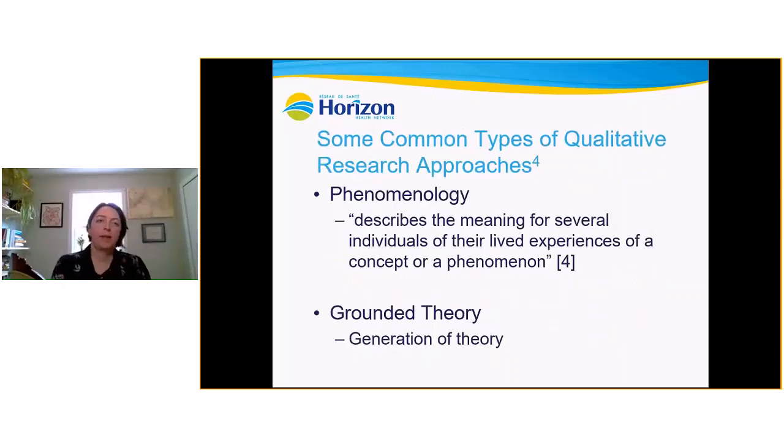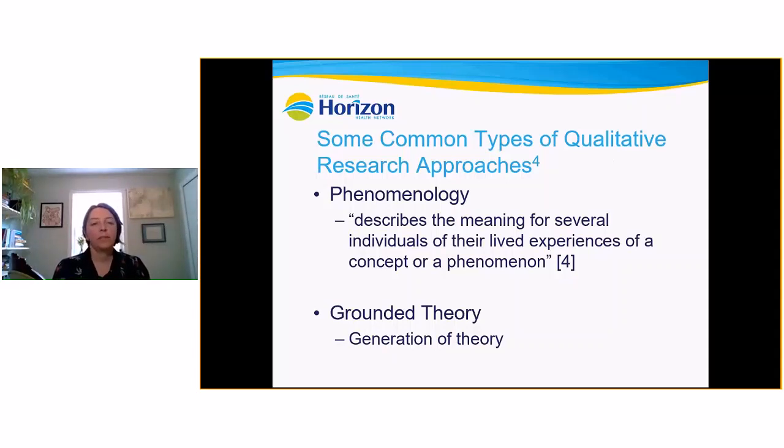So some common types of qualitative research approaches, and I've only listed the main ones here. There are more than these, obviously, and some of them are quite interesting, so I would suggest exploring further. You have phenomenology, which really is describing the meaning for several individuals of their lived experiences of a concept or a phenomenon.